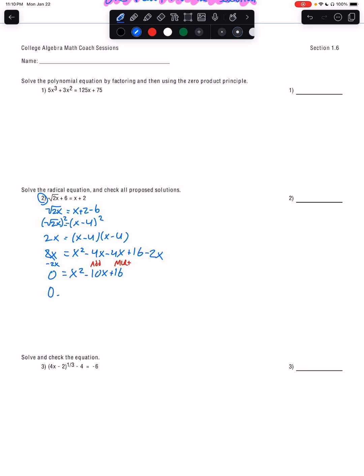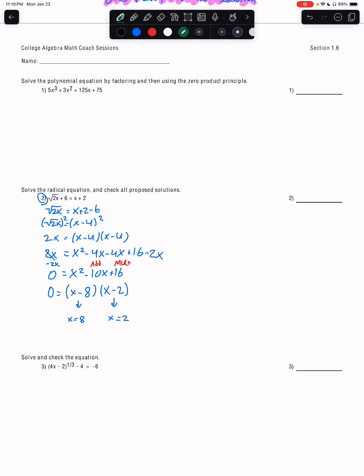If you mess around with your calculator for a bit, you're going to find you can get x minus 8 and x minus 2. If we set these equal to 0 and solve, we'll get x equal to 8, x equal to 2. And the important thing in this problem is when we solve the radical, we need to check the proposed solutions to make sure they're correct.